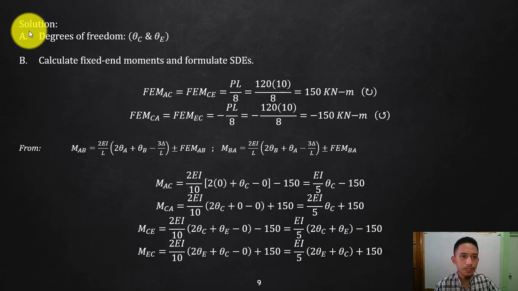Okay, so first is to identify your degrees of freedom, or in other books, the kinematic indeterminacy, or again in simpler words, these are the unknown deformations. It's either rotation or deflection, but in our case there is no deflection, so these are both rotations. So these are the unknowns, or these are your degrees of freedom.